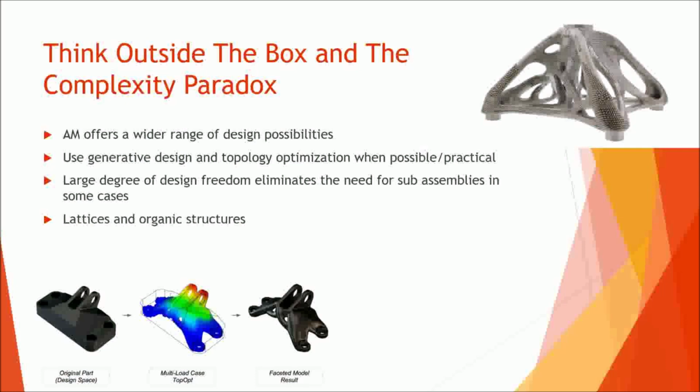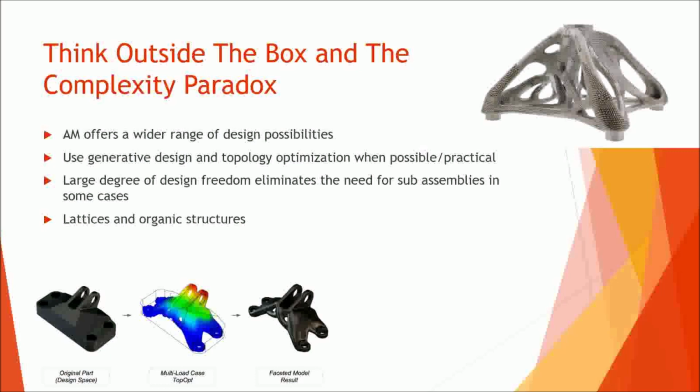But they're just meant to give you an idea of some of the things that you can do, and different ways of thinking. Printing a part that was designed for machining on a mill isn't the best way to go for 3D printing. That's not really where 3D printing shines.